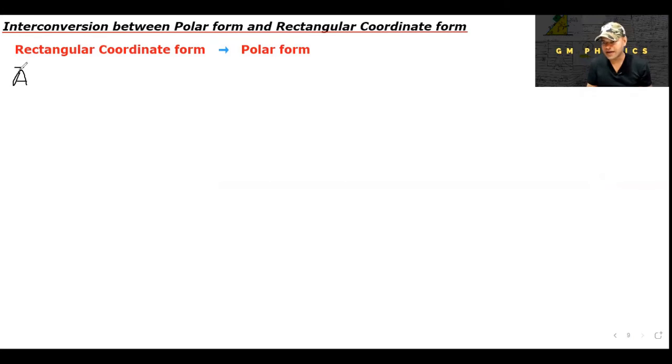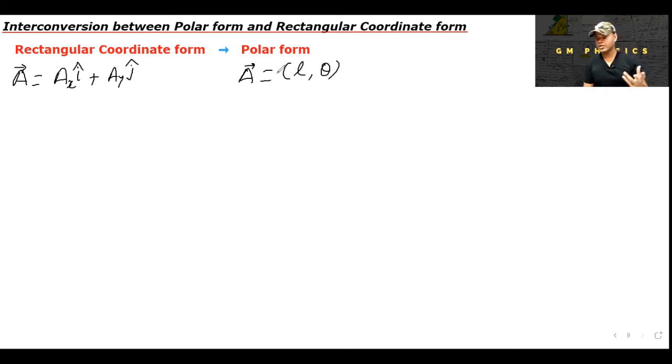Let's take a vector A as x component plus y component, ax i plus ay j. In polar form, it is given like this: A vector is L theta. L is the length of the arrow, the magnitude of the vector. Theta is the angle. We have already discussed it.